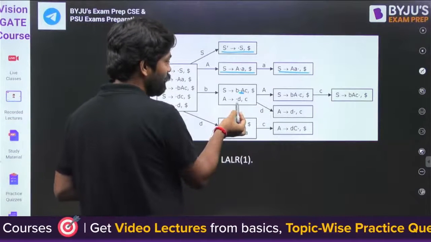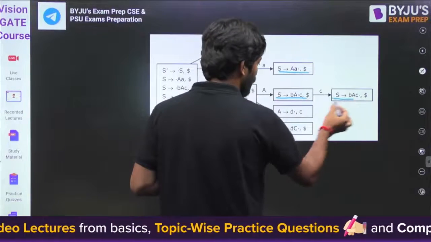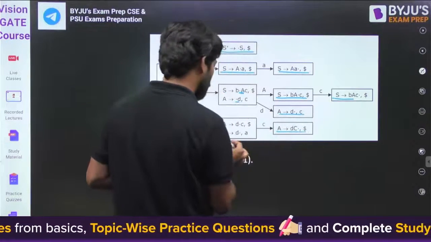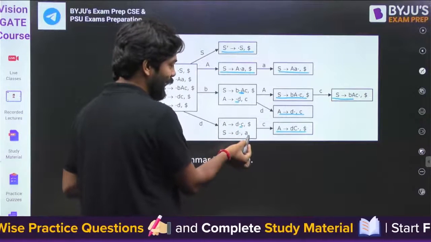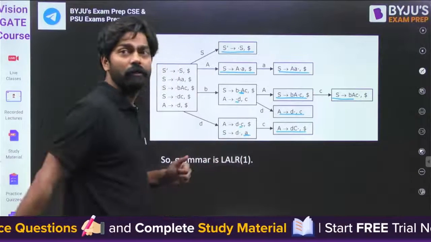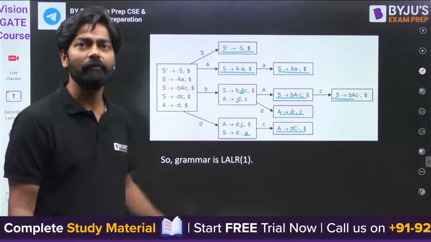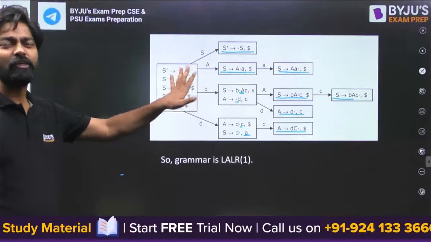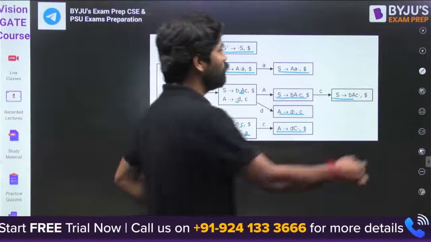This is shifting on D. No problem. Here one item. Here two items, so shifting on C and reduction on A. No problem. It is LALR1. So you need to observe carefully what they are asking. Okay, I am moving on now.